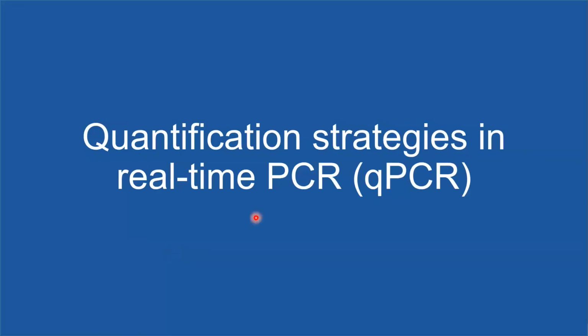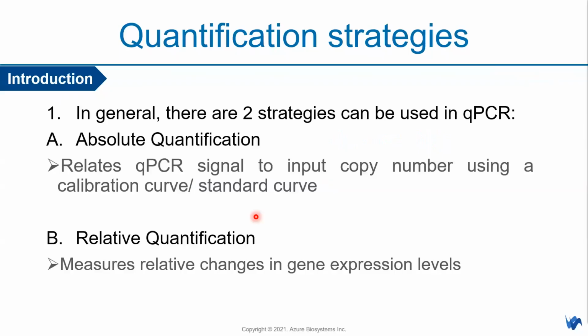First, let us look at the quantification strategies in real-time PCR. In general, there are 2 strategies that can be used in analyzing qPCR data. The first one is rather straightforward, absolute quantification, where we relate the qPCR signal, for example, the CQ value or CT value, to a certain input copy number using what we call a calibration curve or standard curve.